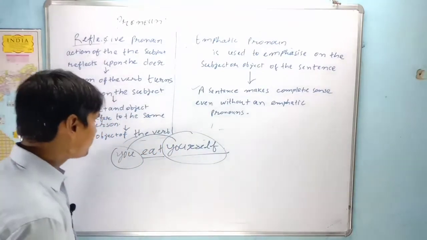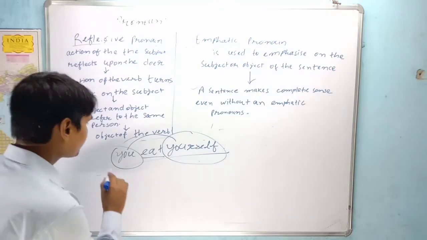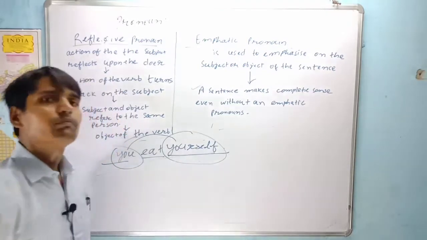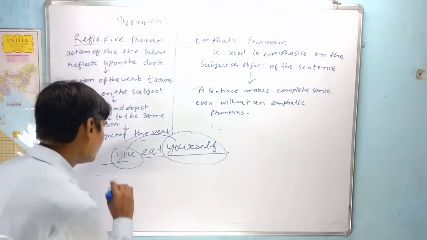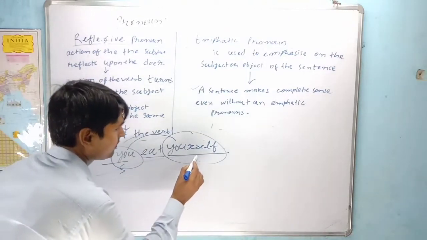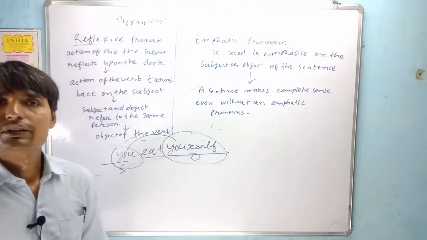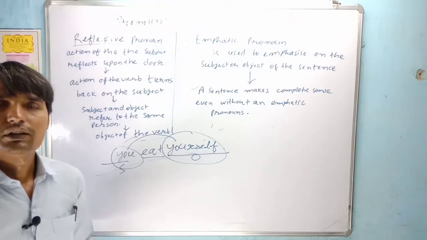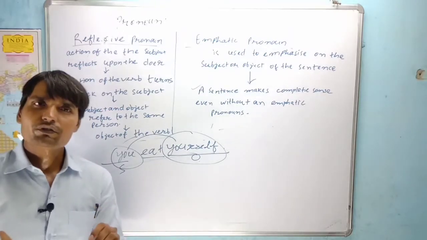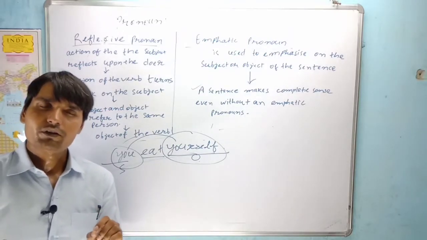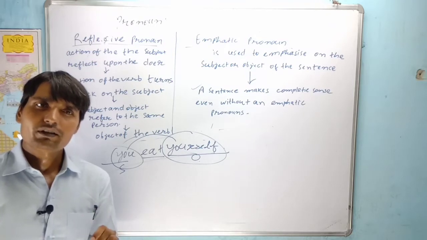Okay, and second one is that here subject and object are both the same person. Here you is the same person, and object is also same person. So there is no difference to find out. So it's the easiest way to find out about the reflexive pronoun. Reflexive pronoun always looks back.